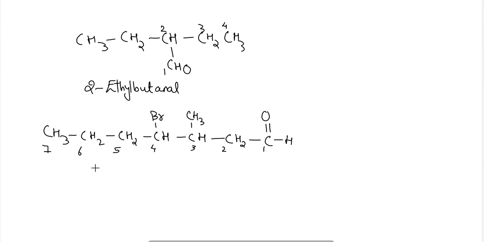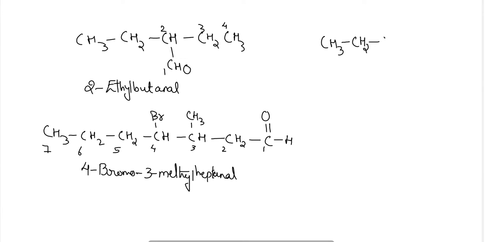The side chains are bromo and the methyl group. B comes first as compared to the methyl group, so the preference will be provided to bromo. So the name of this compound will become 4-bromo, then 3-methyl, then heptanal. Heptanal.